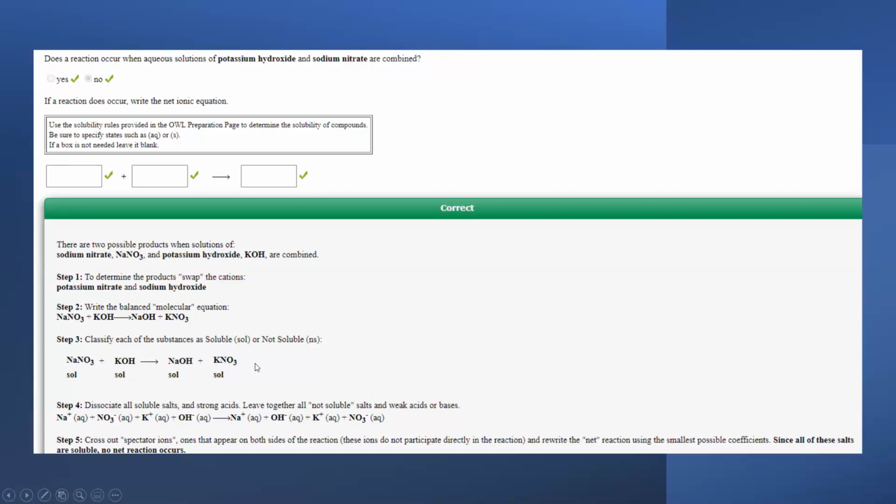In all the cases, the ions will remain in aqueous solution. So there is not a solid, there is not a gas, and this equation is considered as not happening. There is no reaction at all.